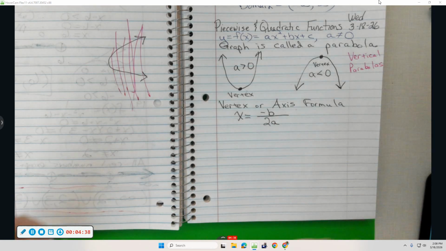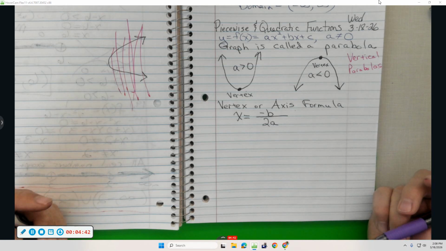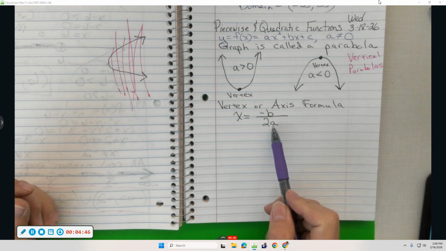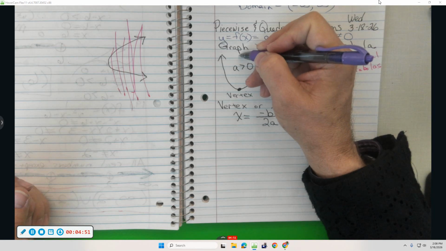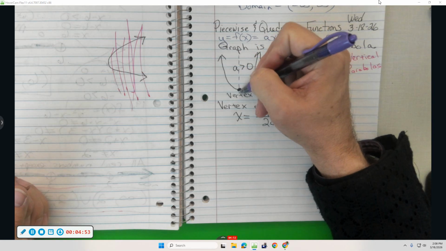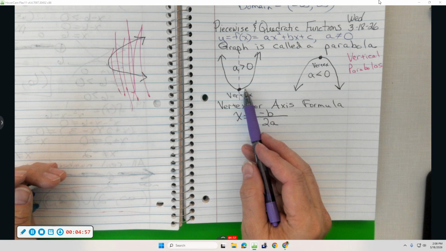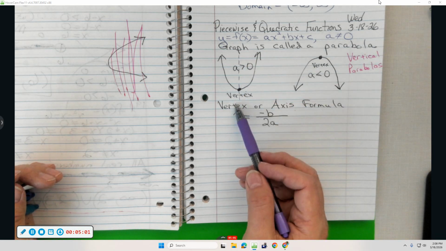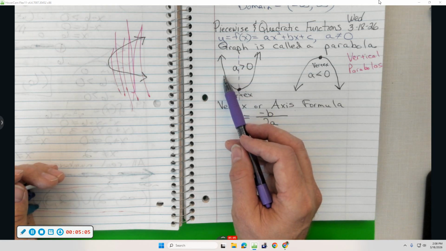Now, we graphed vertical lines weeks ago, and we said that the equation of a vertical line would have an x and no y. And the axis of a parabola is the vertical line that passes through the vertex, so that if I could pick this piece of paper up and fold it down that dotted line that I drew, the right-hand side should lie directly on the left side.